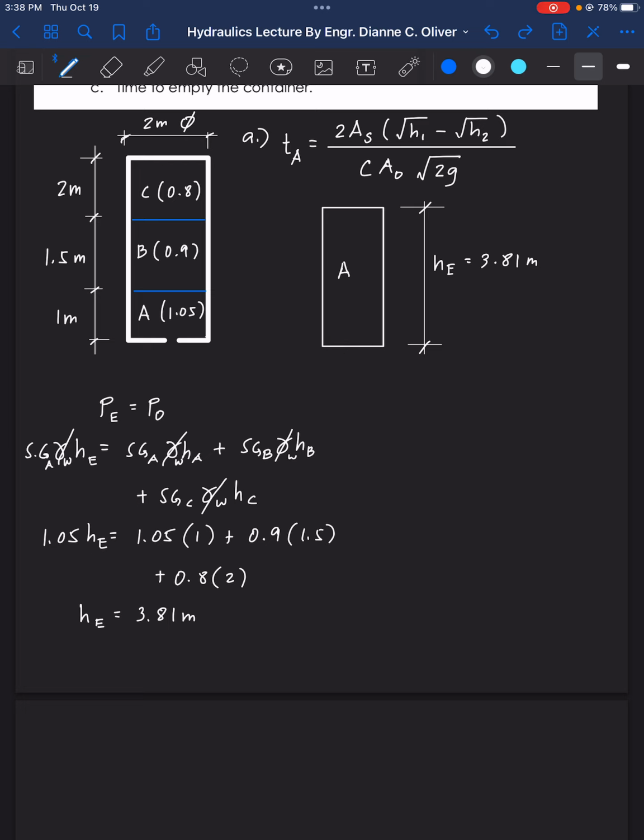Since we are going to remove 1 meter of liquid A, this becomes our H1.